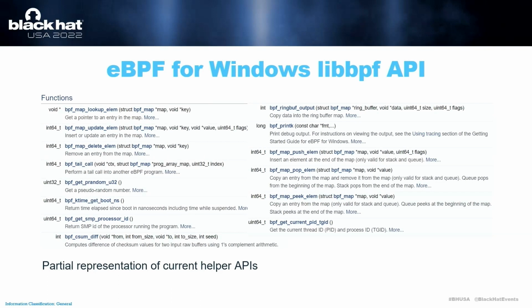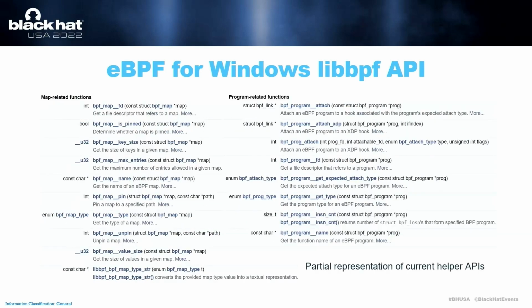We don't need to talk about them specifically, but these APIs allow you to do things like interact with the maps, create the maps, pull data, store data, call other programs, things like that, figure out what CPU you're running on or what thread you're on, and you will use this to also interact with other kernel APIs, perhaps.